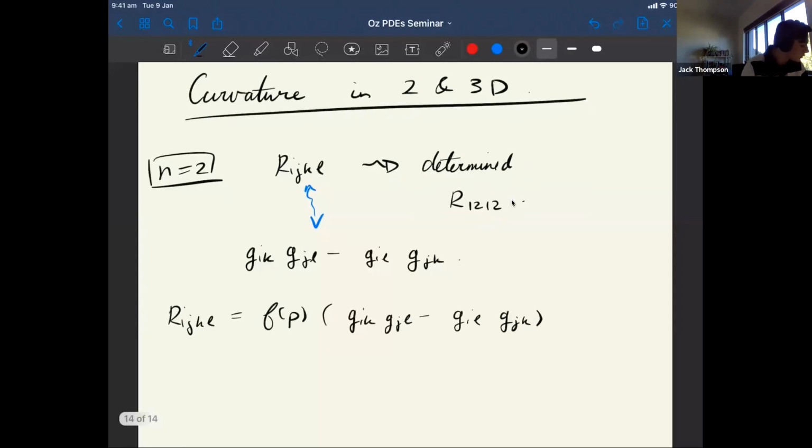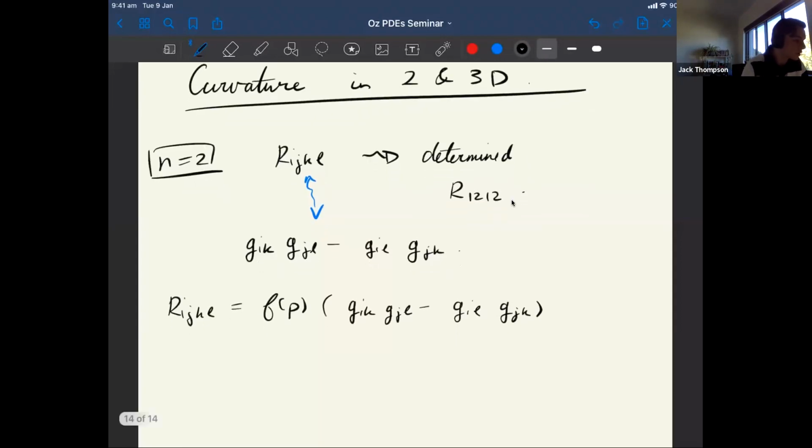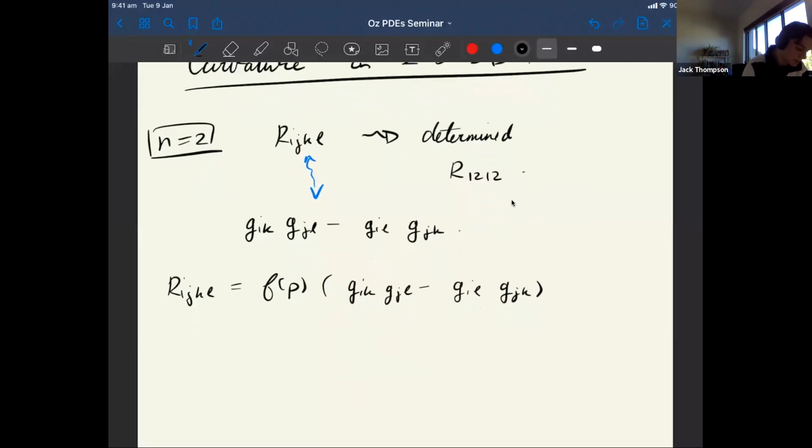Okay. So something we note straight away is that we can take the trace of both sides. And when we do that, we obtain the following. So this straight away means that any 2-dimensional manifold, given my definition of Einstein, is an Einstein manifold.